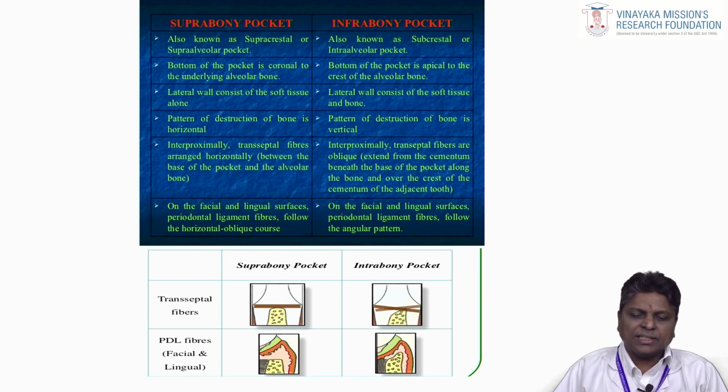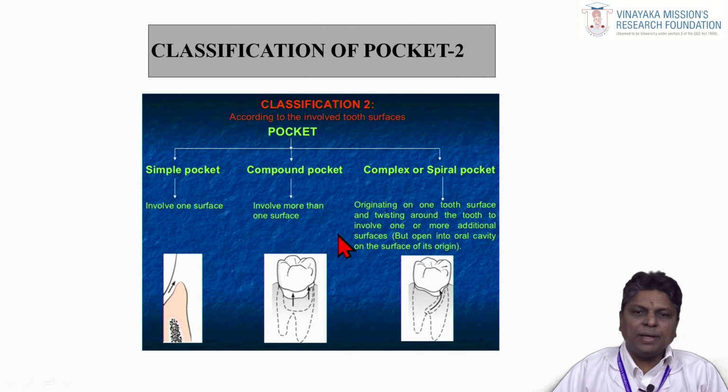These transeptal fibers are horizontal in the suprabony pocket, but in the infrabony pocket, there is a possibility of angulation, so they will be obliquely oriented. On the facial and lingual surfaces, the periodontal ligament fibers follow a horizontal and oblique course in the suprabony pocket, but in the infrabony pocket, they are angular and oblique.